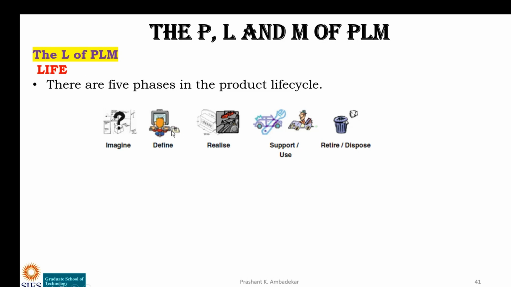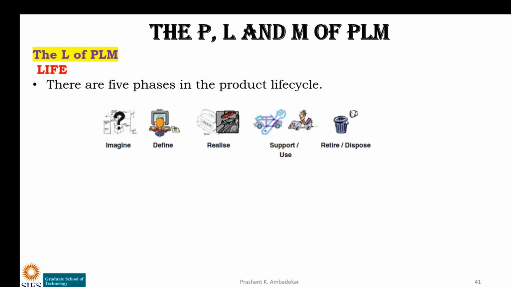Then the second phase is the definition phase. We have skipped these phases earlier. We have considered only the four phases. But you all know that there has to be something in your mind, then only can it be brought into reality. In the definition phase, the idea or thought that had come in the mind is converted into a proper description on paper.